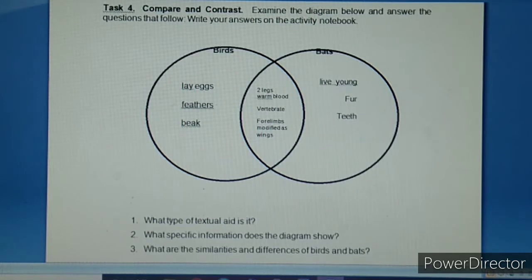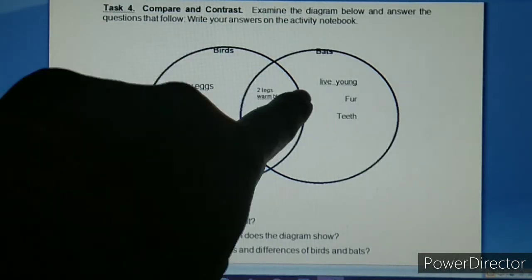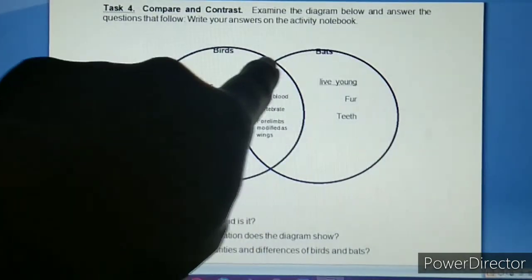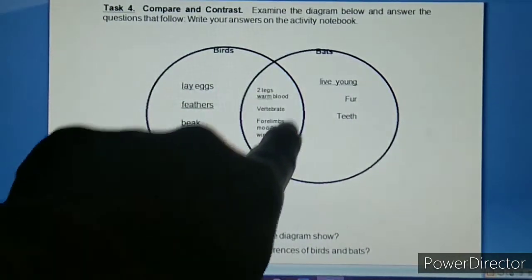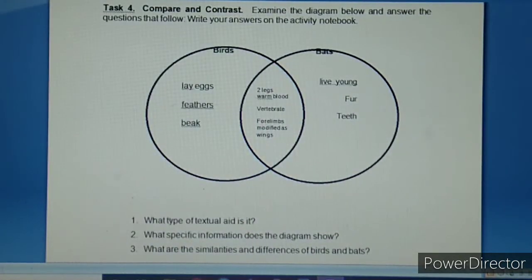What are the similarities and differences of birds and bats? Let's start with the similarities.